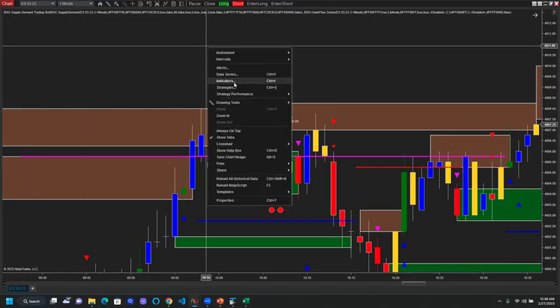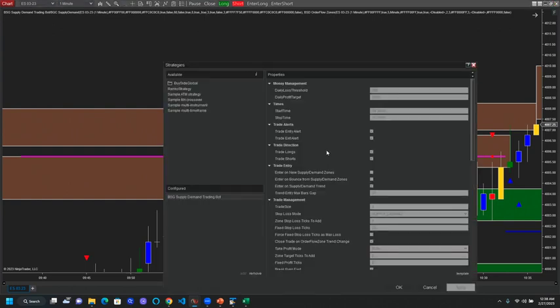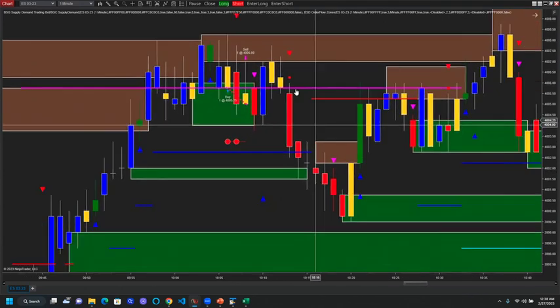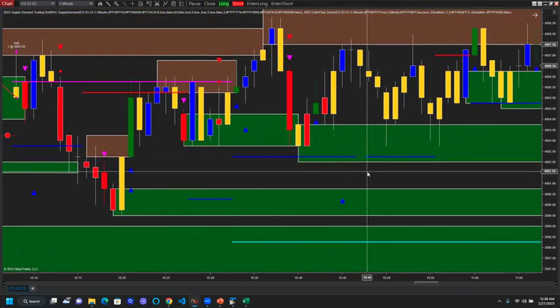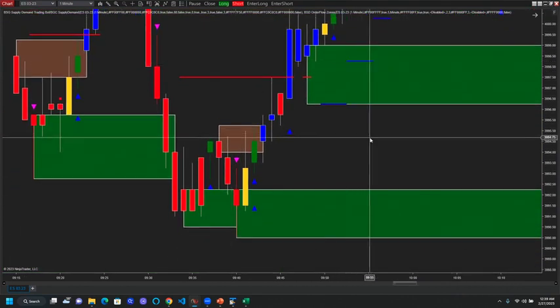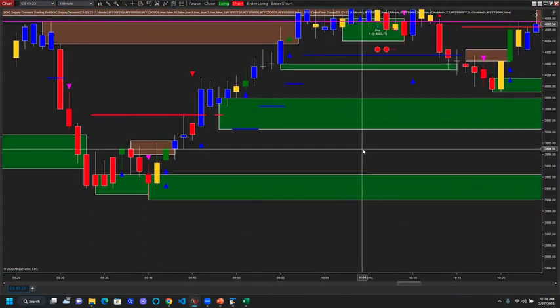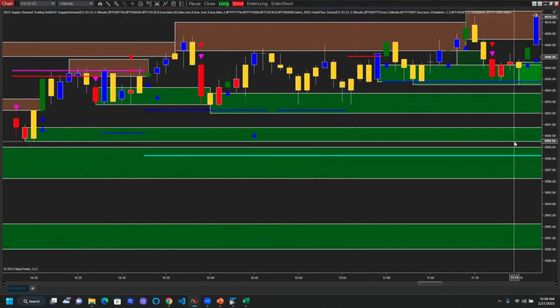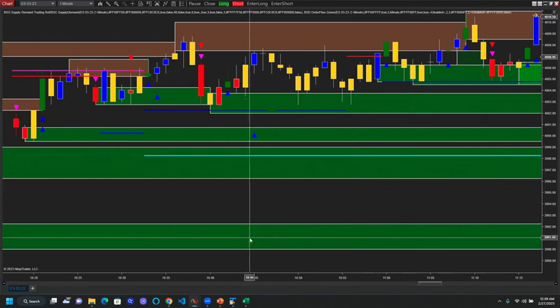This is enter on bounce. We saw the signal sometimes. Do we have anything here? I don't think we have it here.